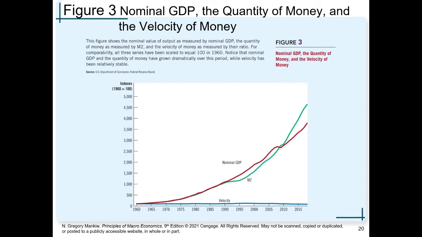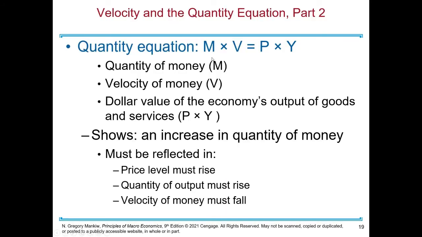And V from our graph is constant. Then an increase in the money supply is going to have to increase the price level in order for this quantity equation to remain equivalent. Both sides have to be equivalent.